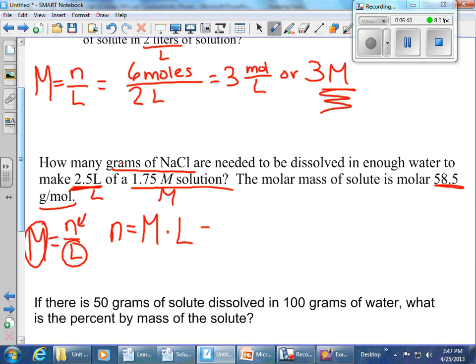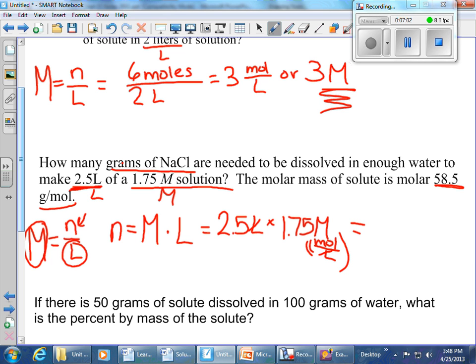So I'm going to get 2.5 liters times 1.75 molar. Remember, this big M stands for moles divided by liters, so the liters would cancel each other out.